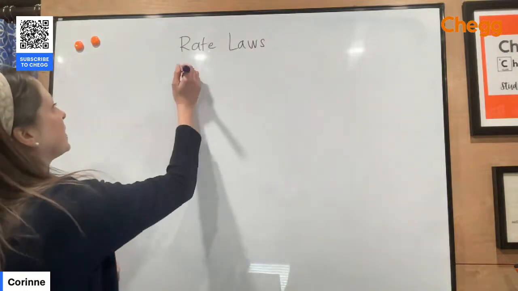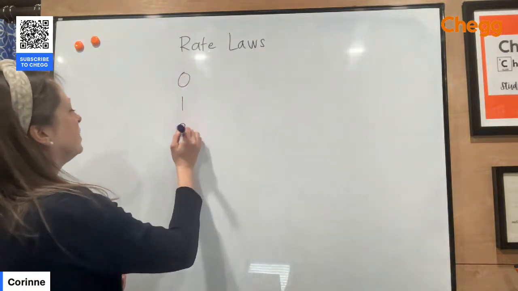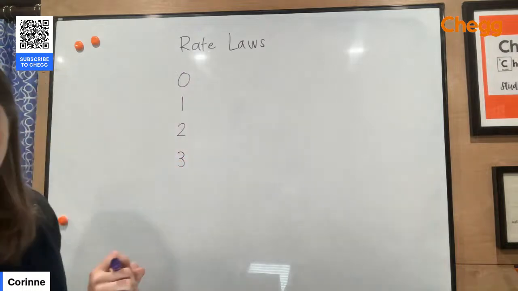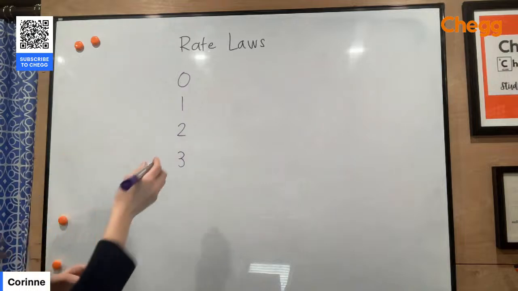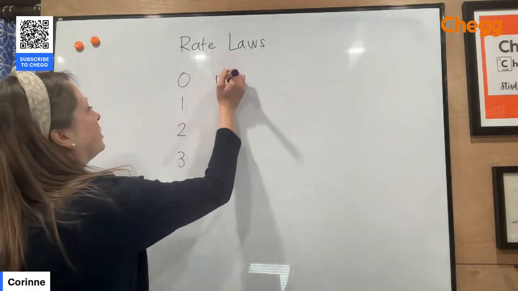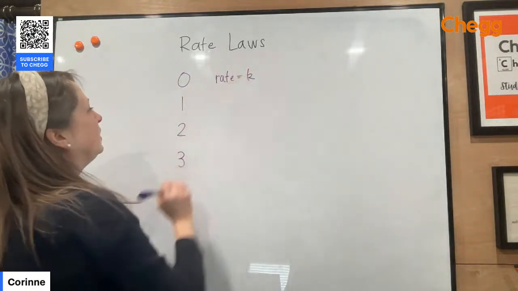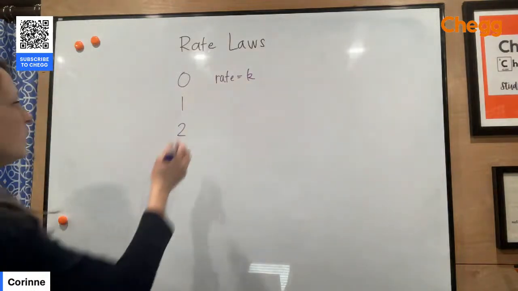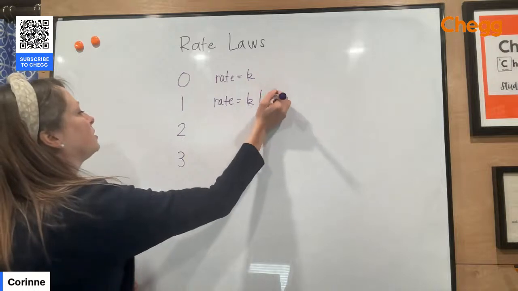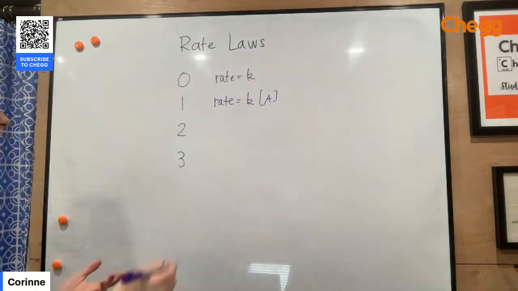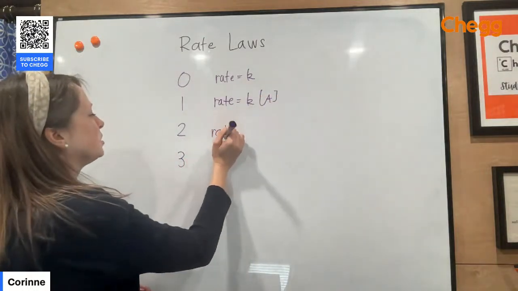All right, so let's just look at, so we have 0, first, second. We could do third order. All right, so if something is 0th order, your rate is just going to be equal to k. All right, if it's first order, rate is the rate constant times the concentration of whatever reactant it's first order with respect to.